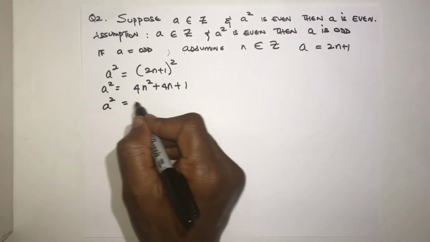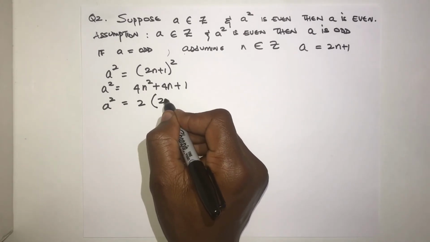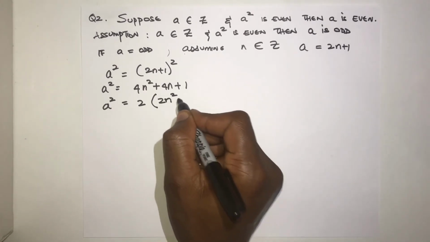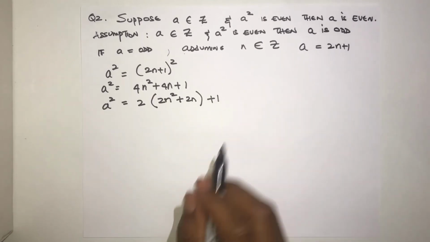A squared would be equal to 2 times (2n squared plus 2n) plus 1.